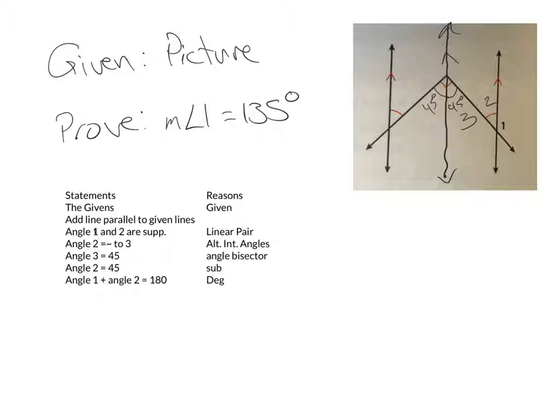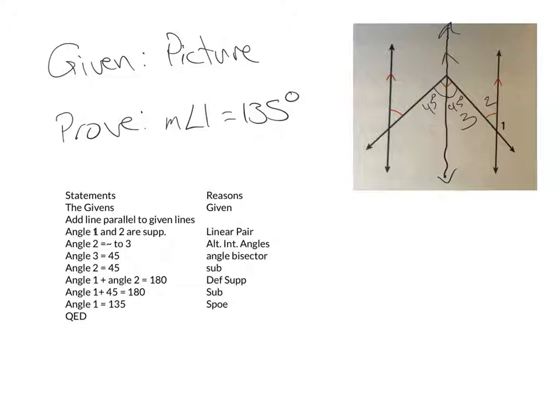That's the definition of supplementary. Angle 1 plus 45 degrees equals 180. That's substitution. And then finally, angle 1 equals 135 degrees, and that's just the subtraction property of equality.